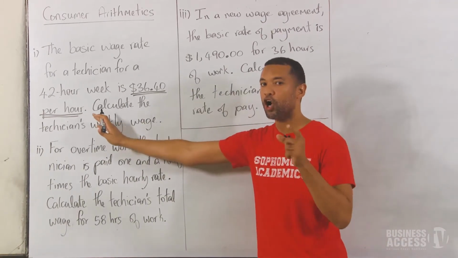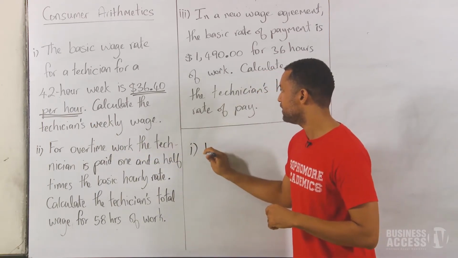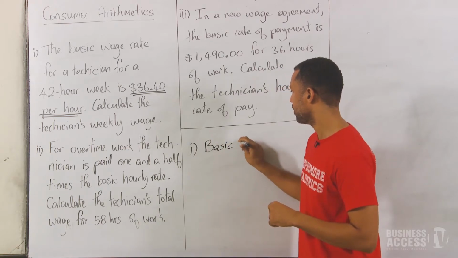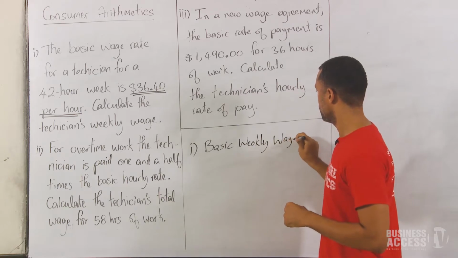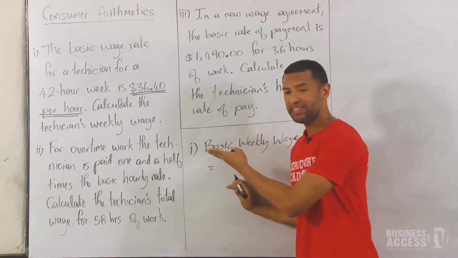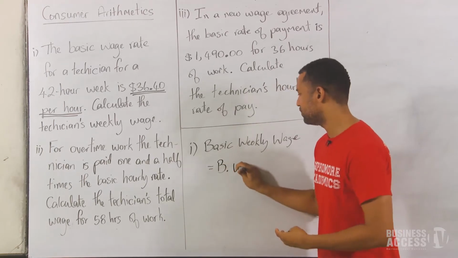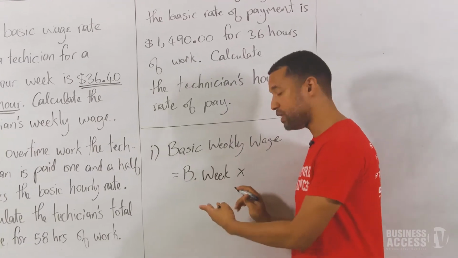$36.40 is per hour, let me emphasize that. So the weekly wage is going to be equal to the basic week, and can I just use B for basic, multiplied by the B rate.